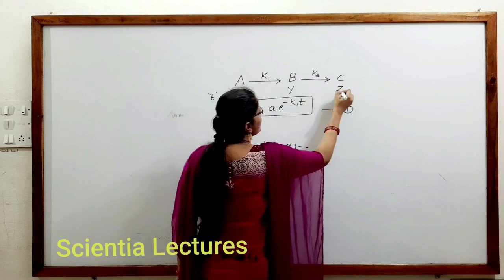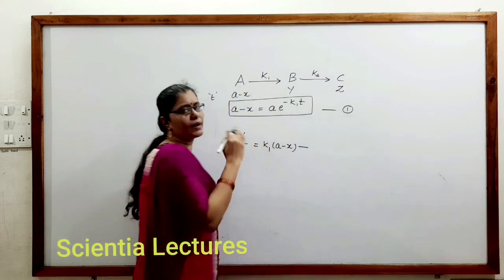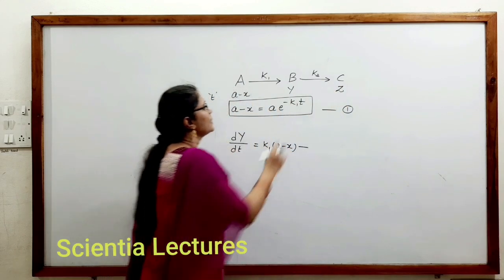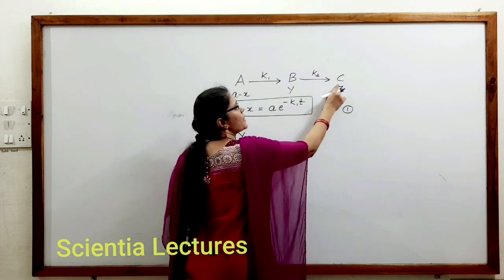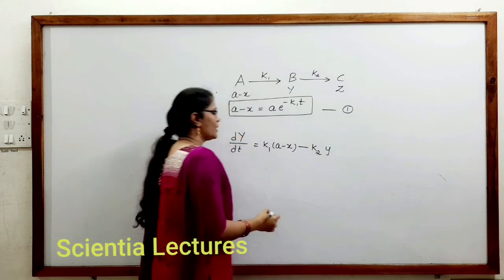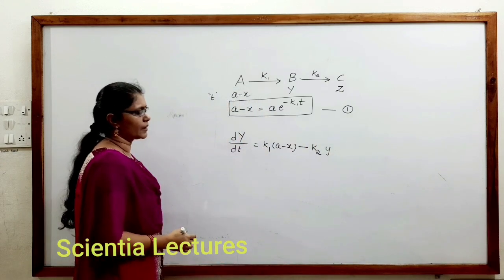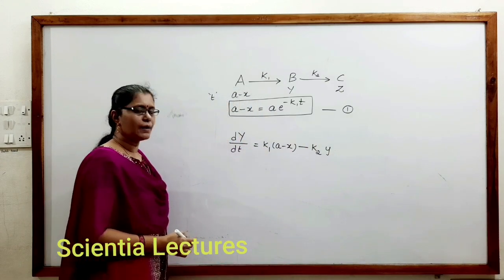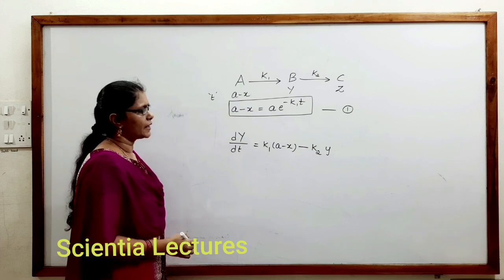So the rate from B to C is K2y. So dy by dt must be equal to K1 into a minus x minus K2y.